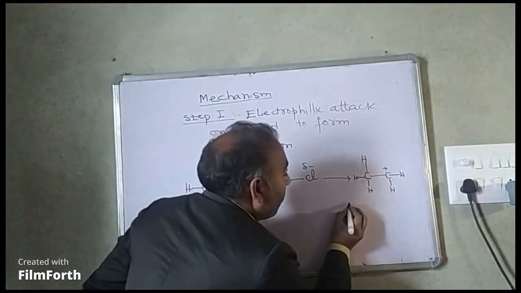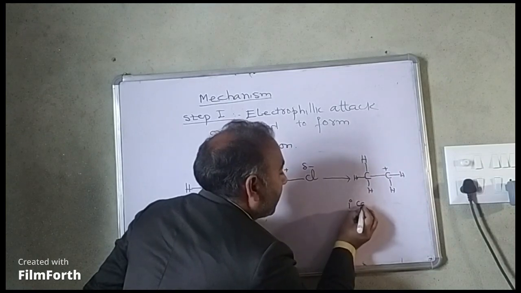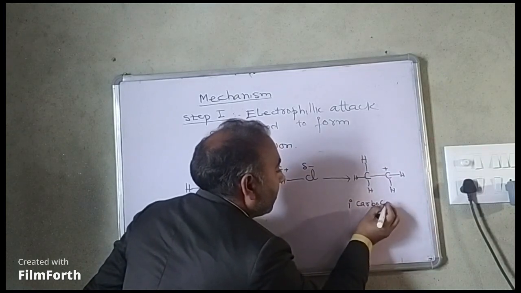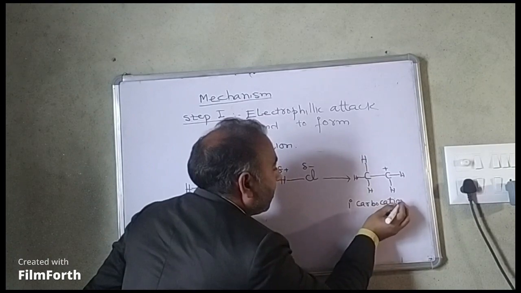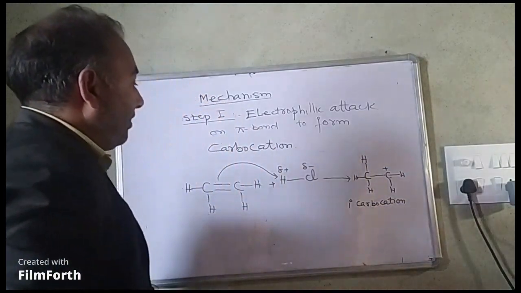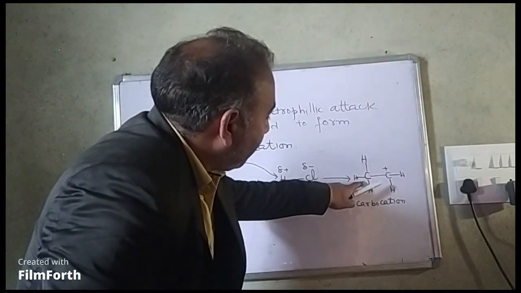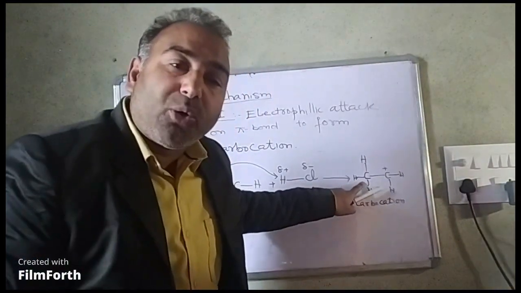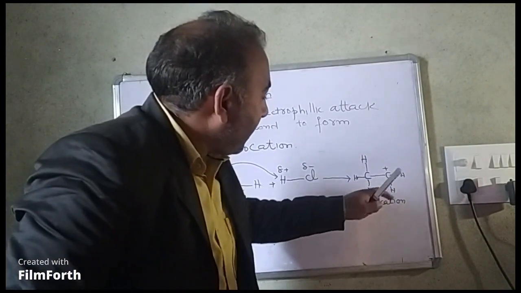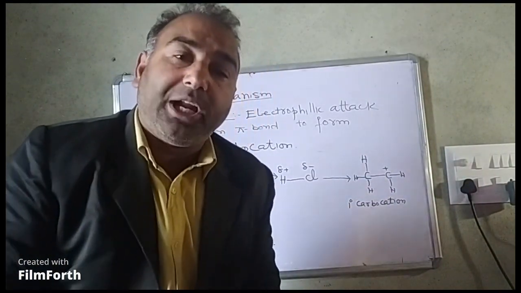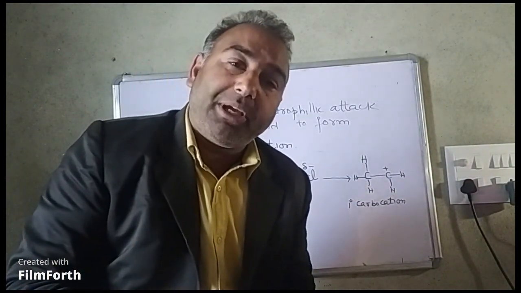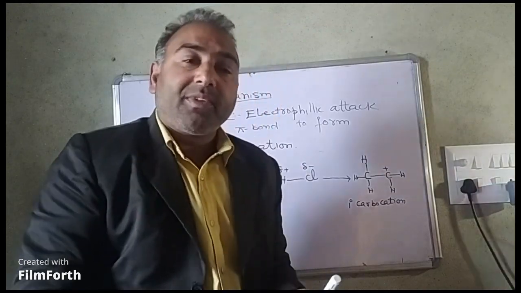This is called a 1 degree carbocation. So this is the step first. This carbon completes its valency, it forms 4 covalent bonds, and this carbon is left with only 3 covalent bonds. So it becomes a carbocation.